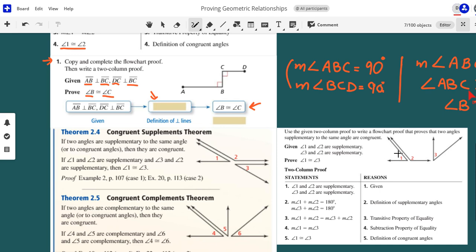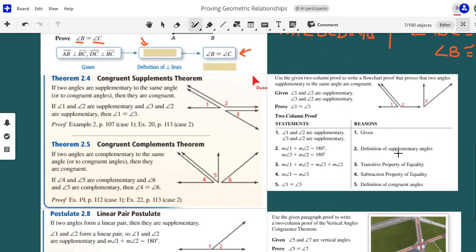Yes. Okay. Look at the next theorem. It's the congruent supplements theorem. If two angles are supplementary to the same angle, very important, or to congruent angles, meaning they are the same angles, then they are congruent.